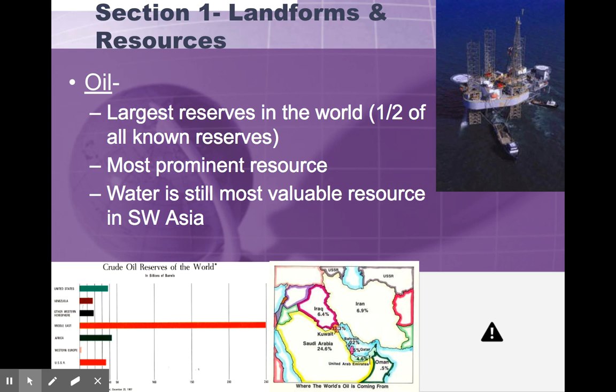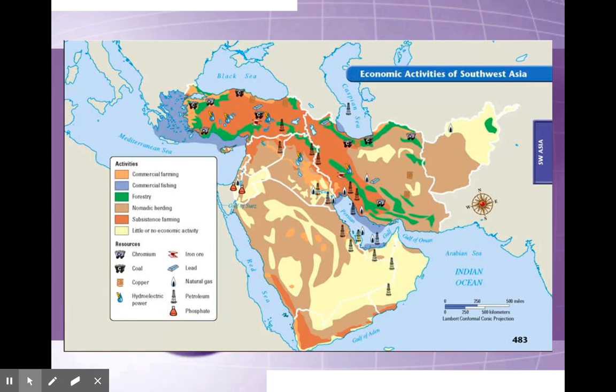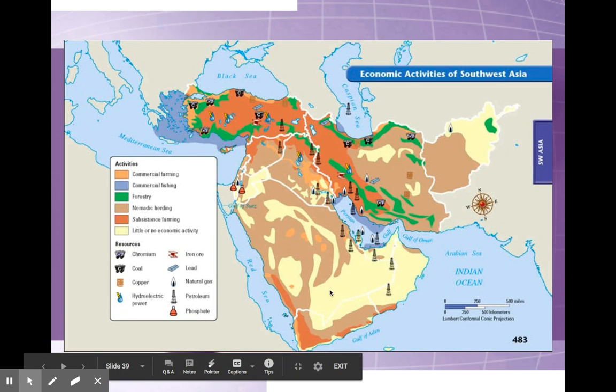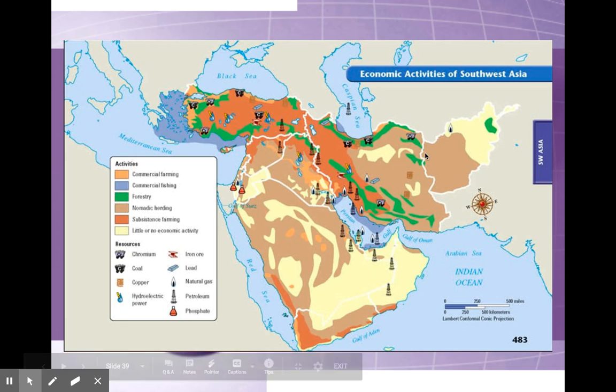Water's still more valuable because you need it to live, but the thing that makes them a lot of money is oil. So you can see here, like I said, not a lot going on, but oil, especially around the Persian Gulf. You do have some coal and some hydroelectricity and some other things, but the big resource that makes them a lot of money here is oil.